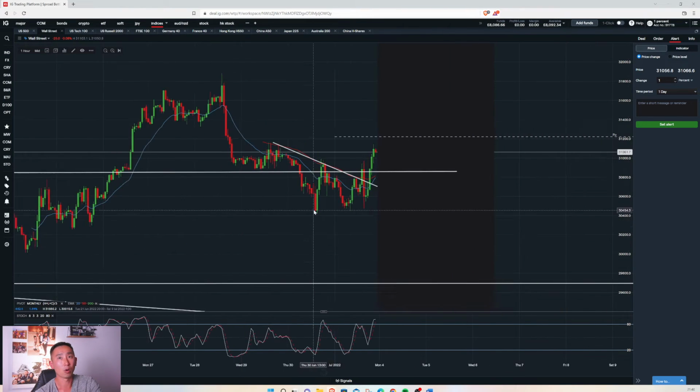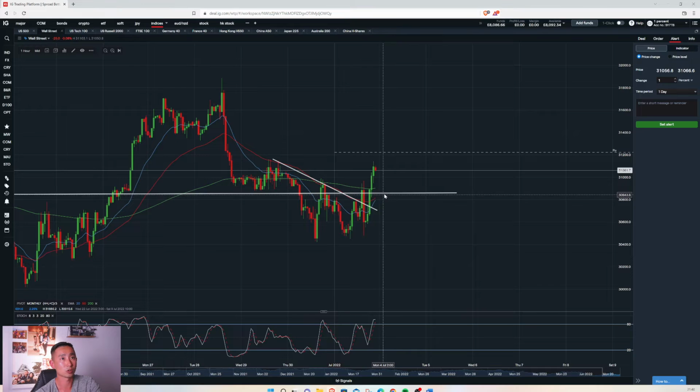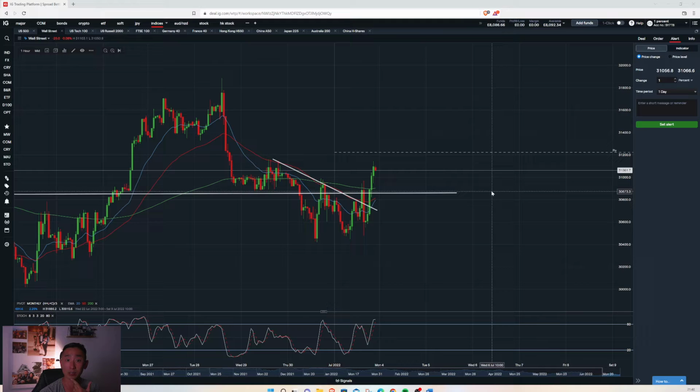Friday hourly already broke through some short-term resistance, so as long as price stays above the 30,080 area, I'm happy to be a buyer. Nasdaq is a similar picture, but it's the weakest of the three of them, so I'll focus on Dow Jones and S&P 500 to go long.